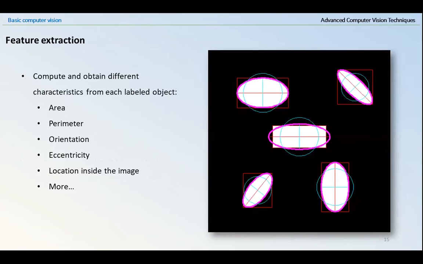So at this point, now that we have located all the different objects, the next and final step is the feature extraction. There are a lot of already implemented methods to obtain this kind of information.